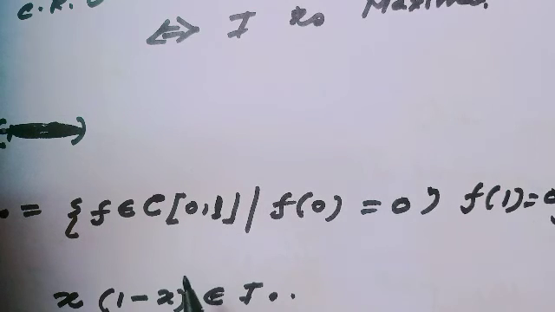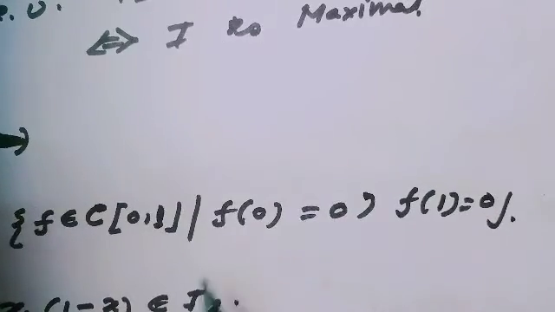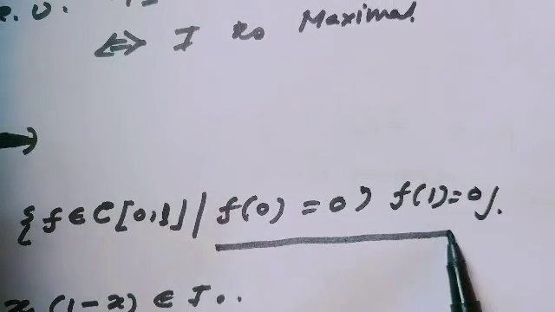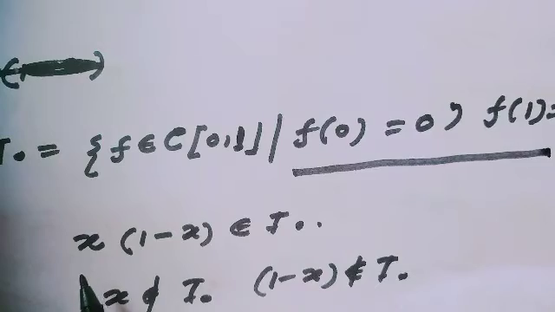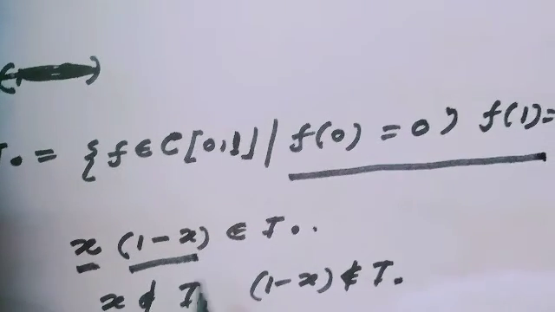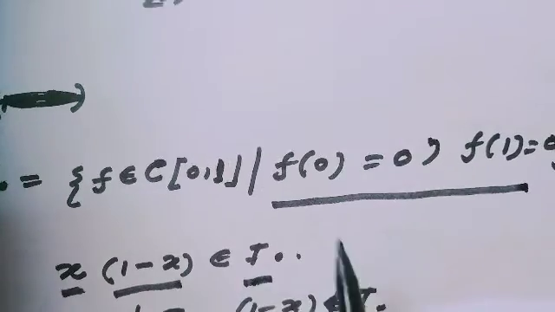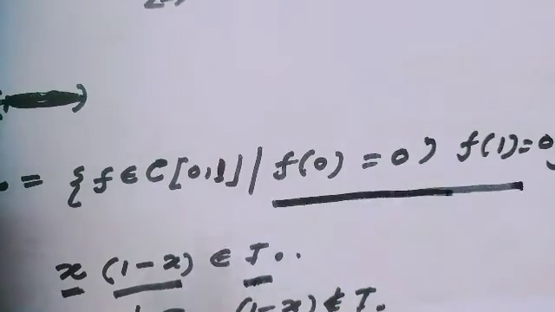So consider f belongs to C[0,1] such that f(0) equal to 0 and f(1) equal to 0. Then consider the functions x and 1 minus x. Obviously x times (1 minus x) belongs to this ideal.